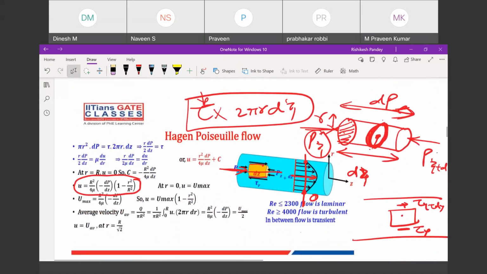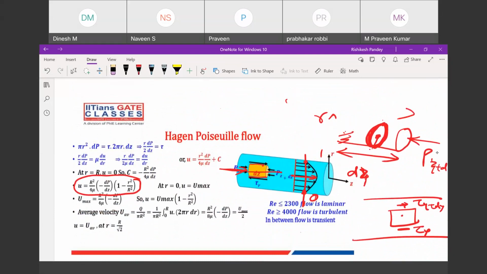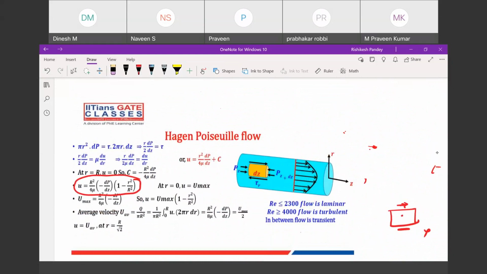So the first thing you should remember here is the equation itself. Clear how to remember the equation? The second point: which profile is it? Parabolic. Again, the velocity profile is parabolic.